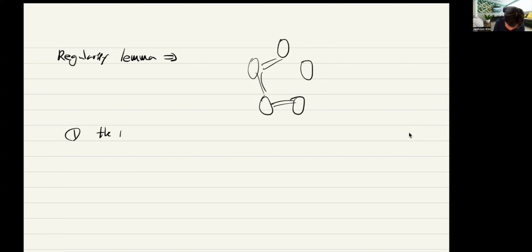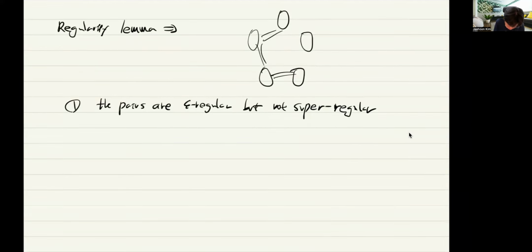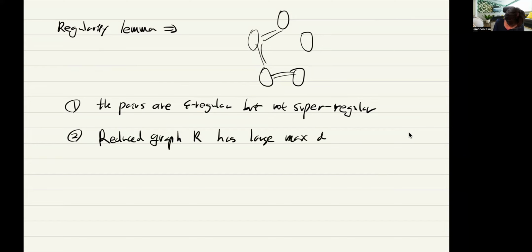So the pairs are epsilon regular, but not super regular. And also this R, this graph, has large max degree.